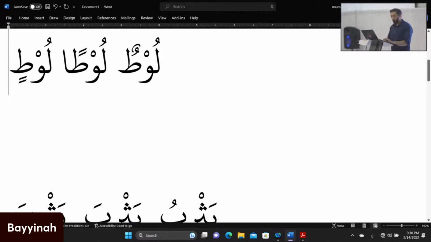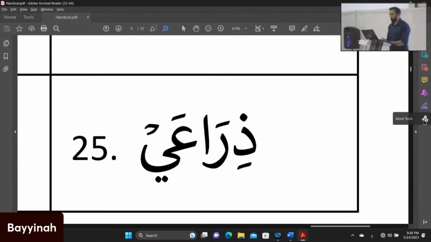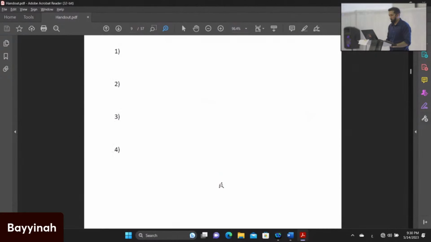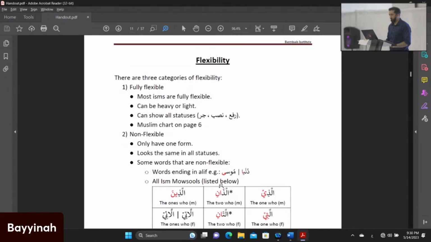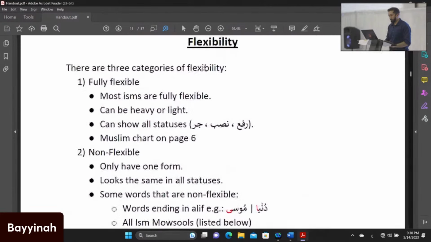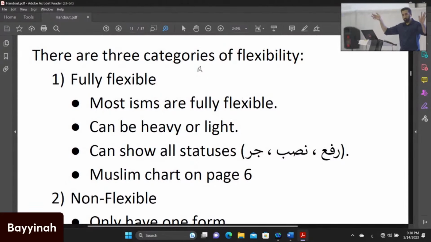Okay. So now let's write some things. Actually, let's look at your notes and see if the notes make sense to you now. Go to flexibility, page 9. It says there are 3 categories of flexibility. Is that clear already? Then it says fully flexible.